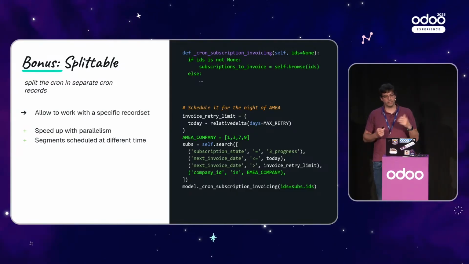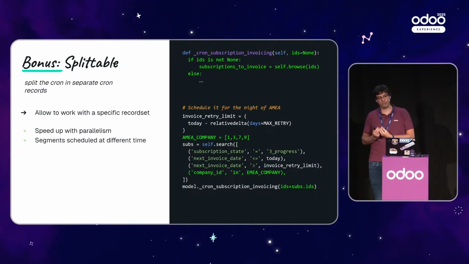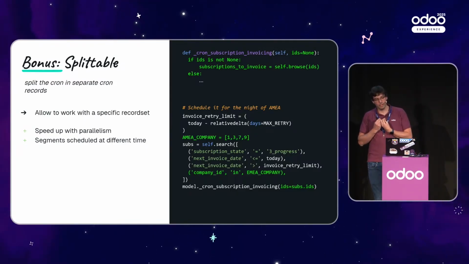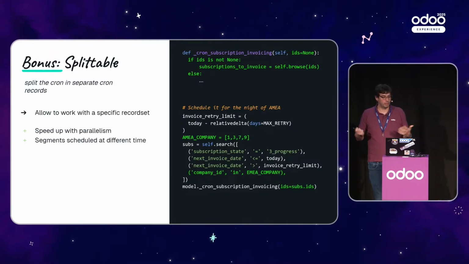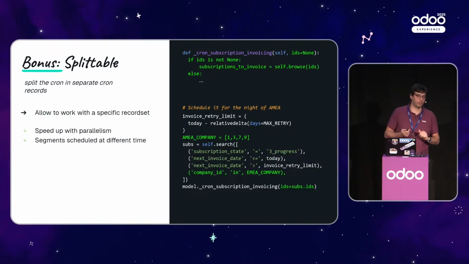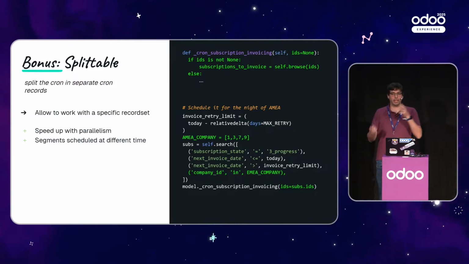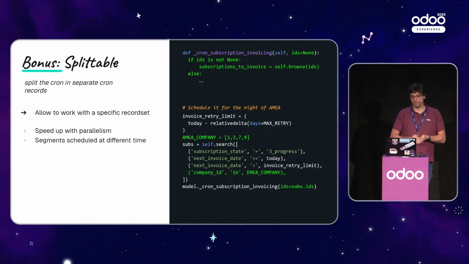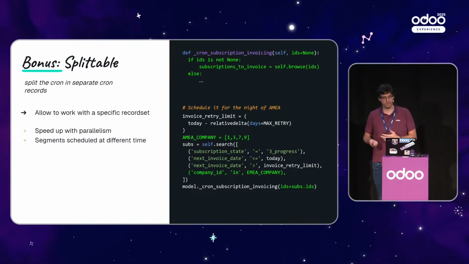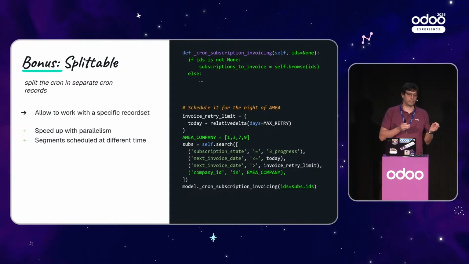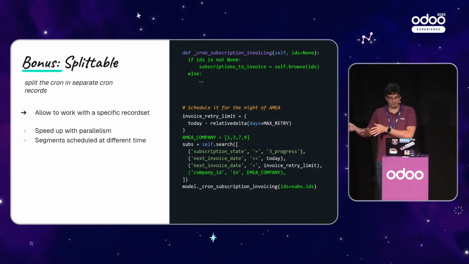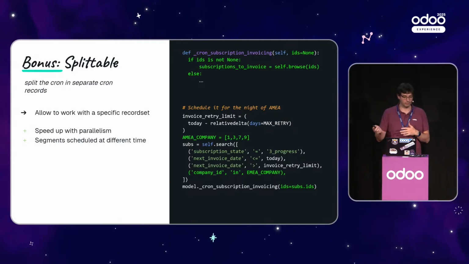And here in the server action, we are going to add a filter based on the company. Here we filter on the MEA company. We can have another one for the America company and for the Asia company. And we pass those IDs. The only goal here is to schedule those actions at different times. OK, they are not running together.